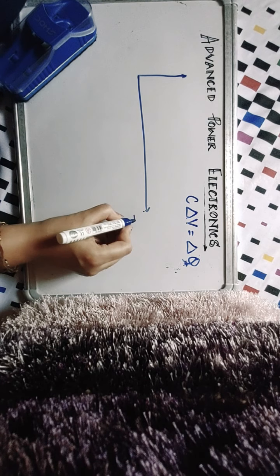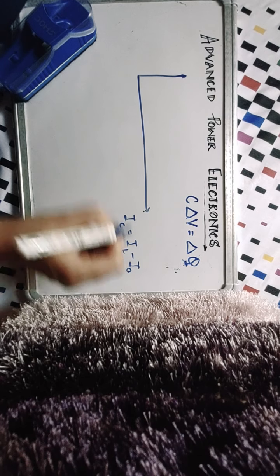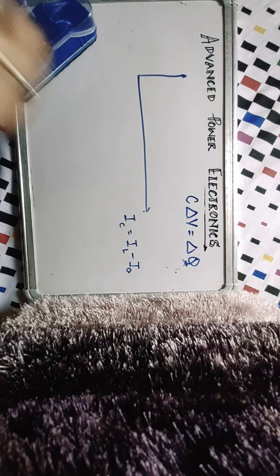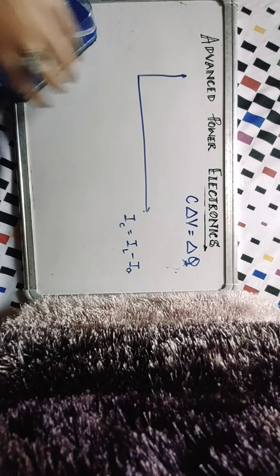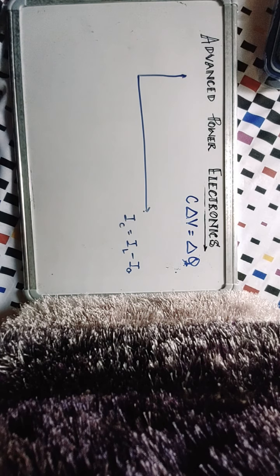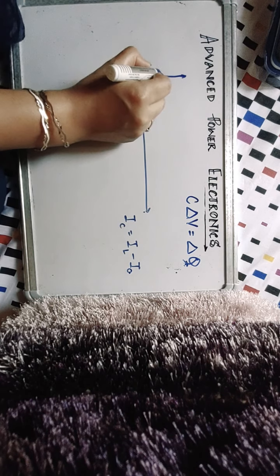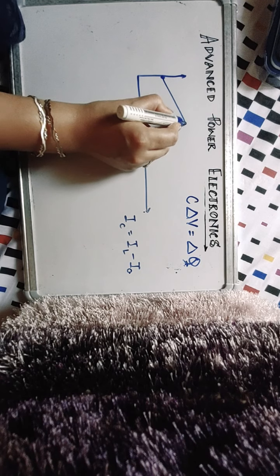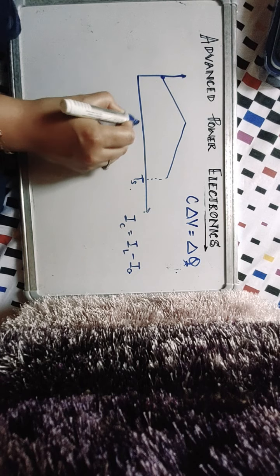I know that my capacitor current IC is equal to IL minus I naught, whether it is 0 to DTS or DTS to TS. This equation always remains true because this node is always present in the circuit. So let me assume that my inductor current has some ripple: from 0 to DTS it is increasing, then it is decreasing from DTS to TS.